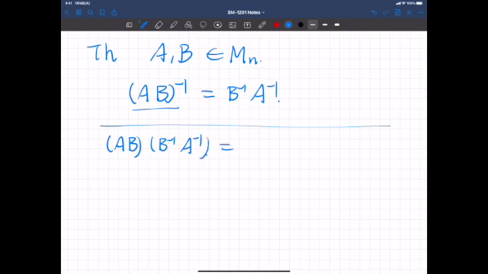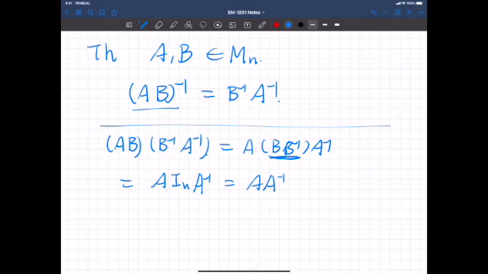Because matrix multiplication is associative, we can get rid of the parentheses. B inverse A inverse, so this is identity. So we have identity and A inverse, but multiplying by identity doesn't change anything. So that is this, and that is identity.